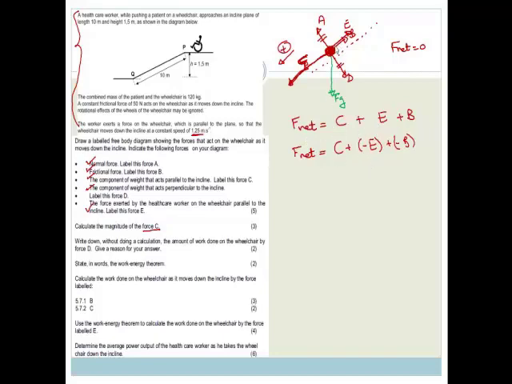So we know the force of friction is B, and they've told us that is 50 newtons, okay? So B is easy, that's minus 50 newtons. E we have to calculate because E is equal to this horizontal component here. Now, normally we get given the angle of the slope.